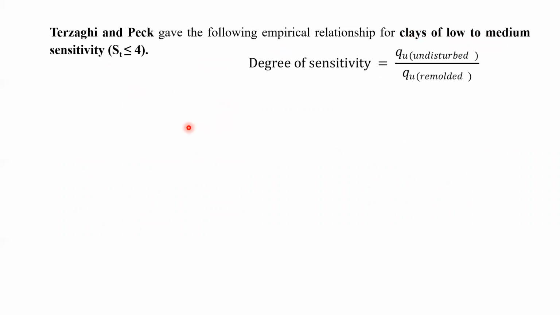Sensitivity, which we already defined, is the ratio of the unconfined compressive strength of the undisturbed sample to that of the remolded sample. If the sensitivity is less than or equal to 4, we can calculate the compression index from different formulas.